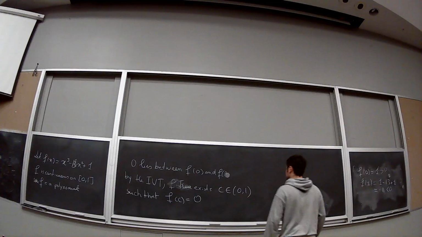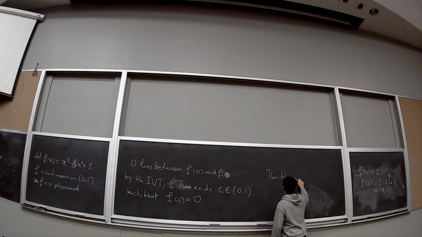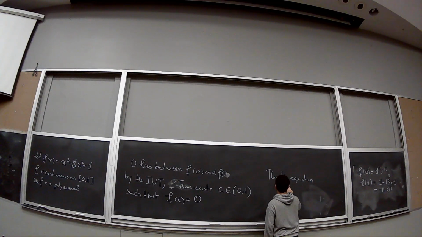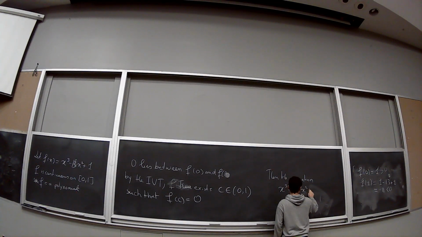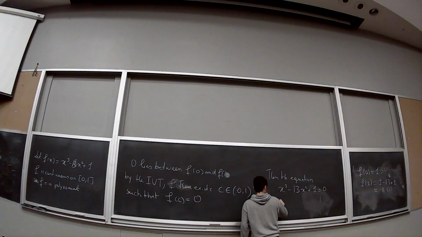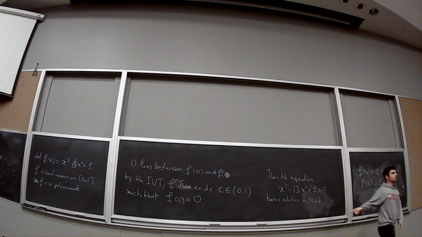Then the equation has a solution in (0, 1). Right? You know that neither 0 nor 1 is a solution, right? Because you plug in f of 0 and f of 1. So the solution will lie in the open interval.